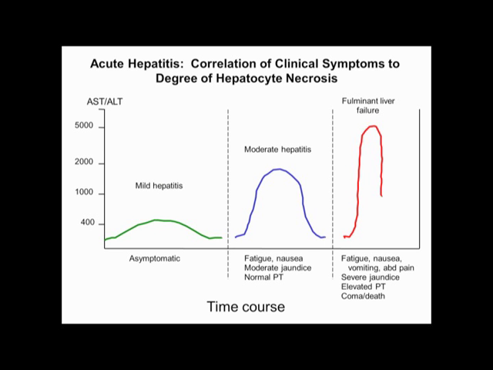Clearly, the life expectancy of this person is very short unless you transplant them. So asymptomatic, mildly symptomatic with some maybe jaundice but normal function, severe necrosis over a short period of time, symptomatic liver failure. Got to move fast on these.